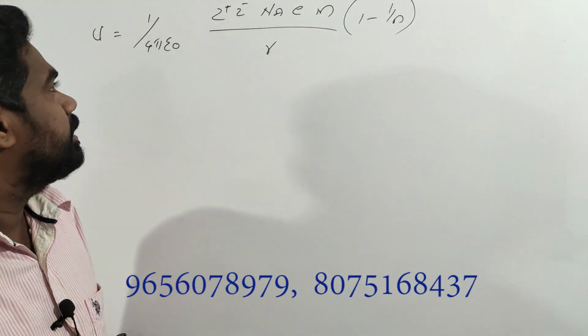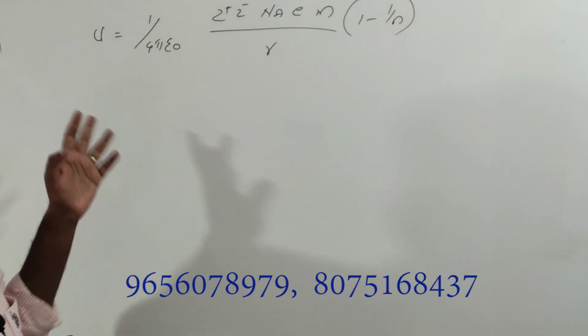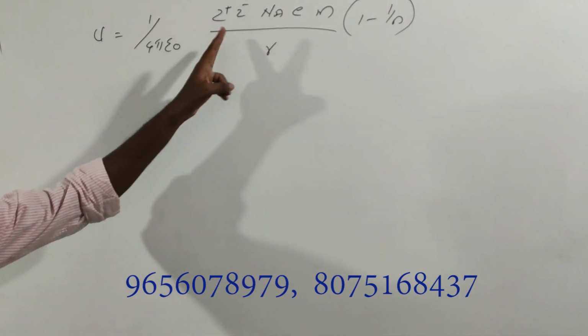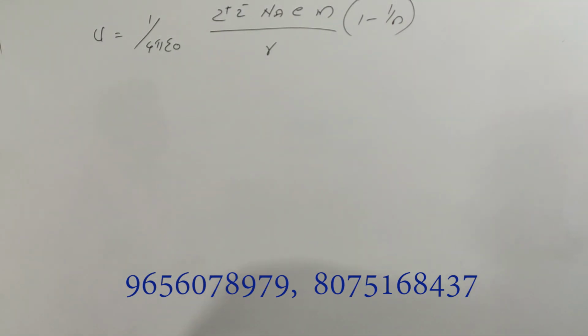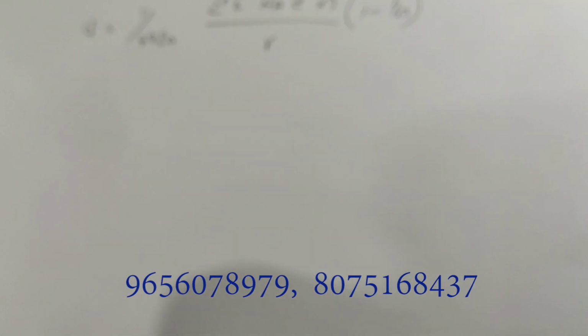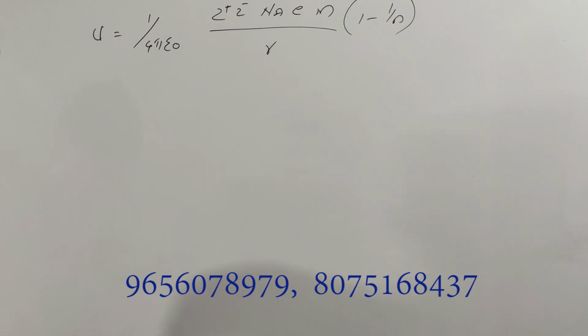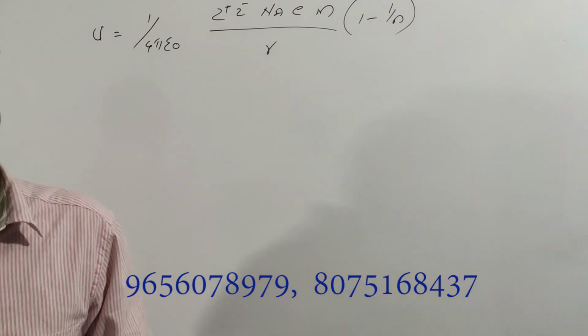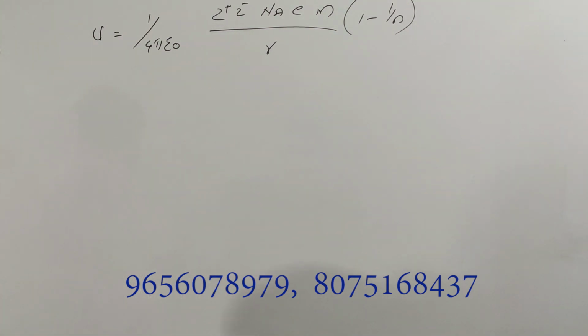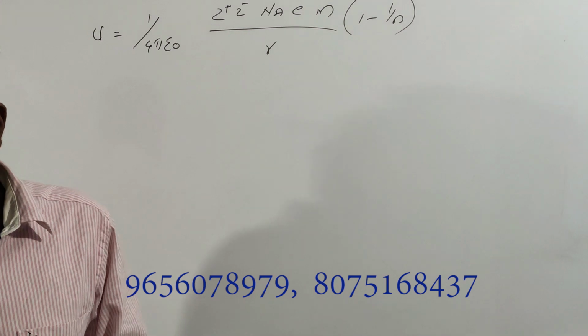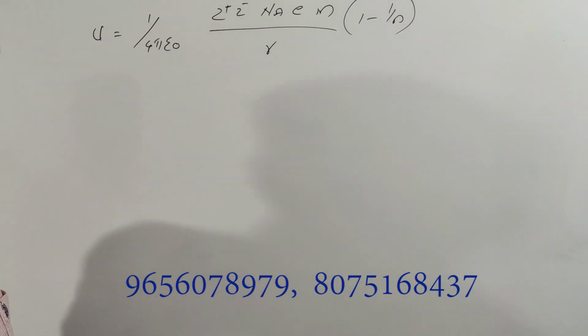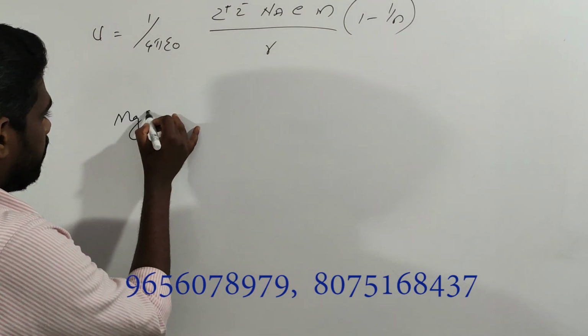Let's discuss the terms. U is lattice energy, Z plus and Z minus are the charges, Na is Avogadro number, e is the charge on the electron, M is the Madelung constant, R is the internuclear distance, N is the Born exponent.